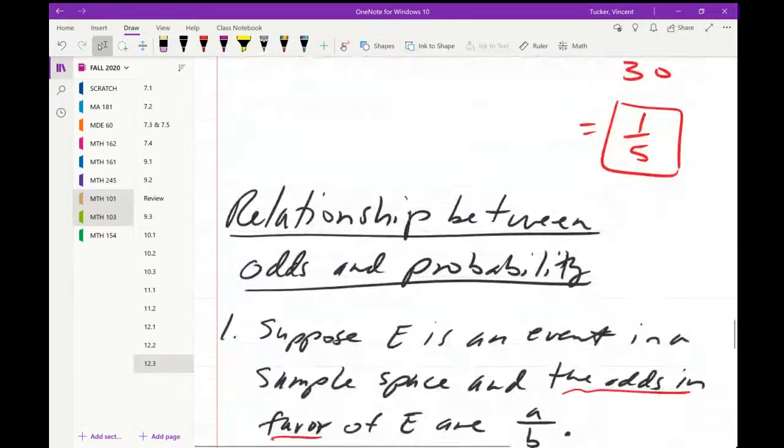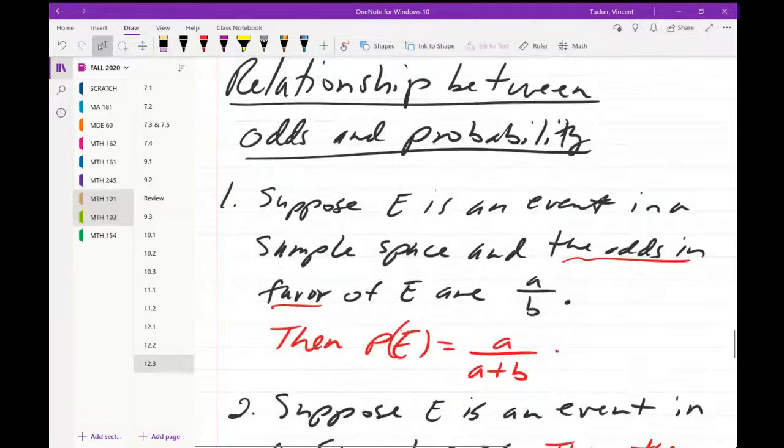All right, last thing in this section, relationship between odds and probability.